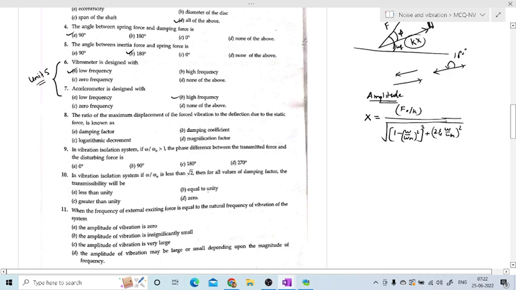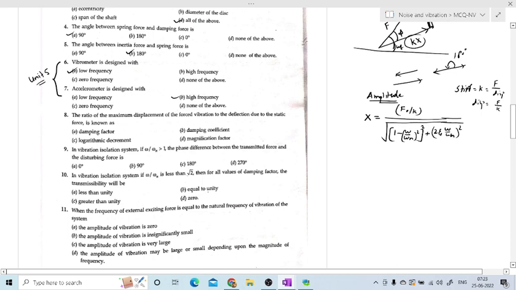Okay, now what is the stiffness? The stiffness K is nothing but force divided by displacement. So from this you can write displacement is equal to force divided by K. So here you have F naught divided by K. F naught is the static force applied, meaning the maximum force applied on any vibrating body.